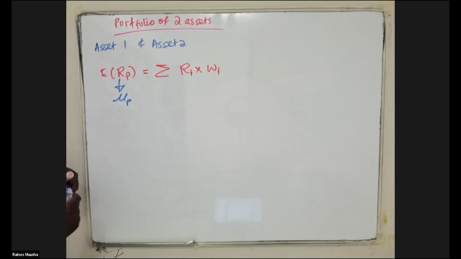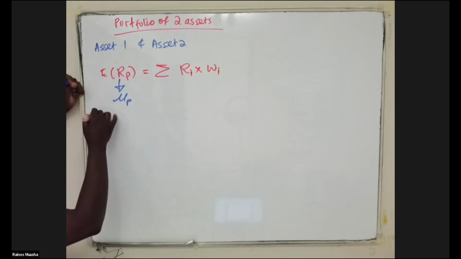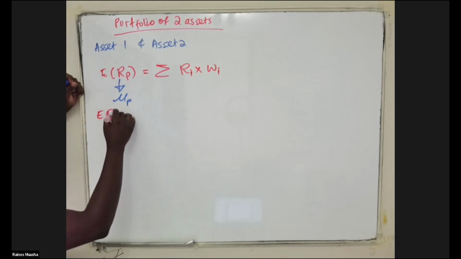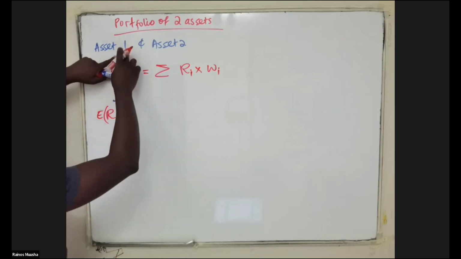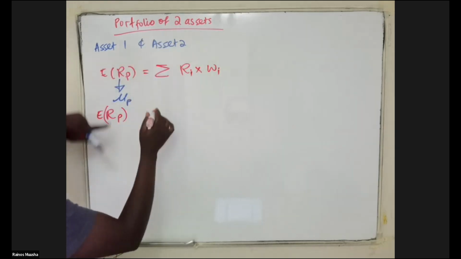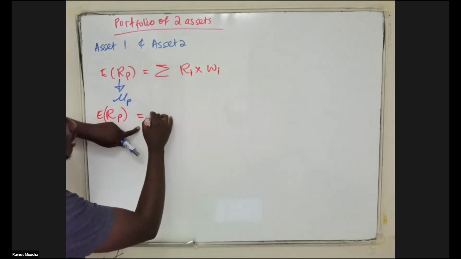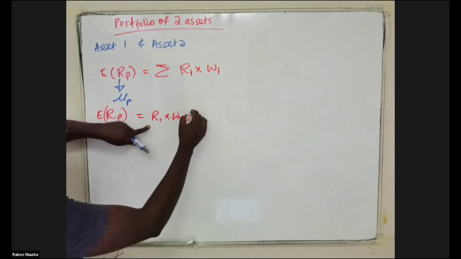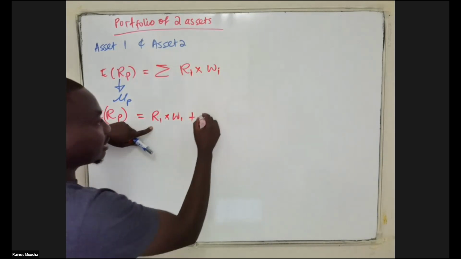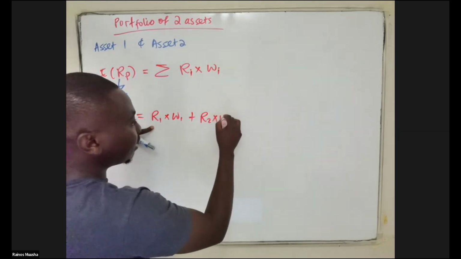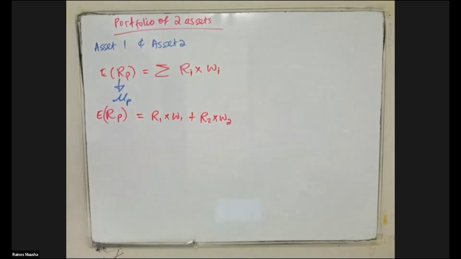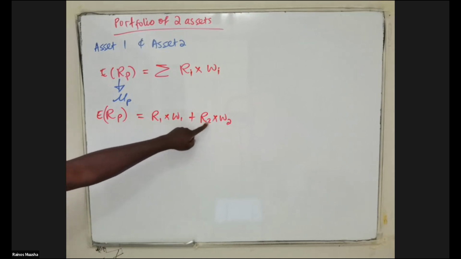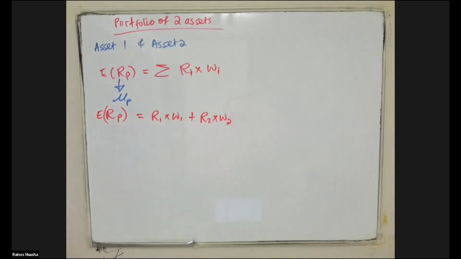It also means the expected return of a portfolio made up of two assets, asset 1 and asset 2, will be equal to the return of asset 1 multiplied by the weight of asset 1, plus, because remember you're summing up, the return of asset 2 multiplied by the weight of asset 2.